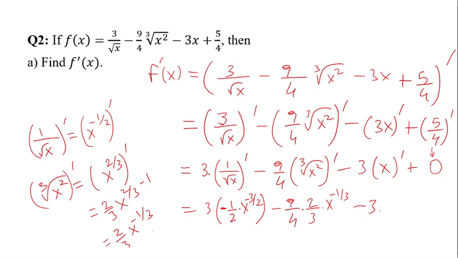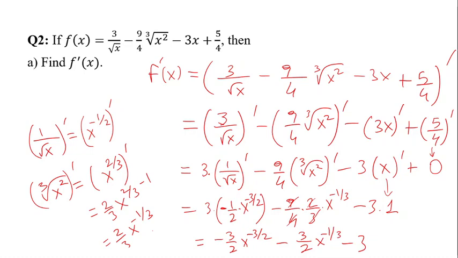And minus 3, the derivative of x, we know it's 1. So now we can combine what we wrote here, negative 3 over 2 x to negative 3 over 2. And then there is some cancellation here, 3, then 2, so it will be 3 over 2 x to negative 1/3 minus 3.